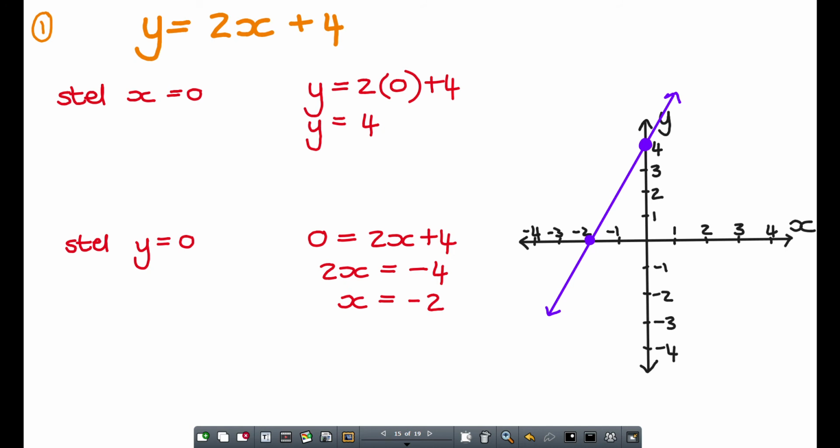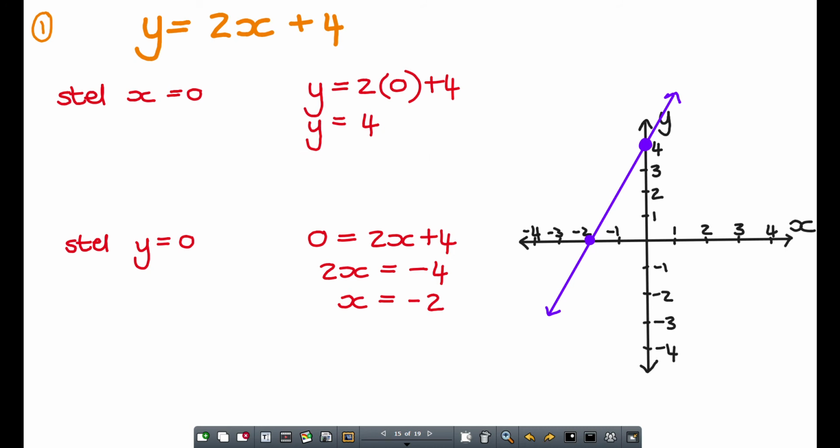Okay, now they're not necessarily asking that now, but since we're here, I want to quickly just say that. As hulle dalk vir jou vra, jy moet vir my daai y-afsnit in koördinaatvorm gaan skryf, coordinate form. You can have a look at it over here, but you must be able to know and see it from there as well.